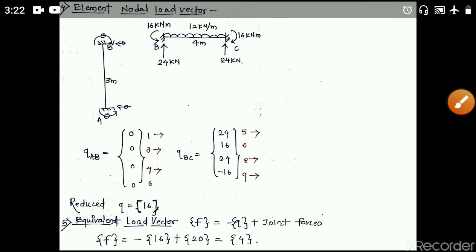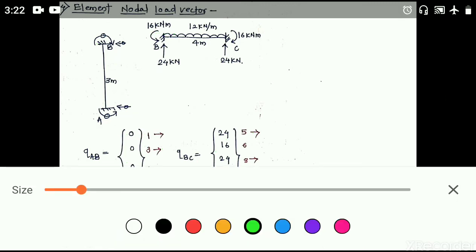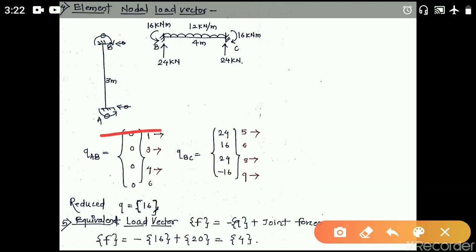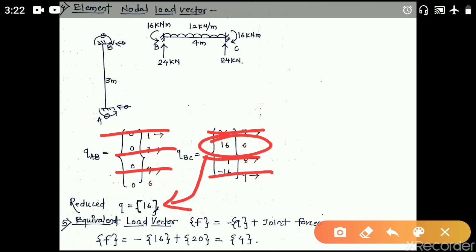After completing this, impose the boundary conditions: 5, 8, 9 are 0. The only one left is 16. That is your reduced final element nodal load vector corresponding to degree of freedom number 6, the only unknown.